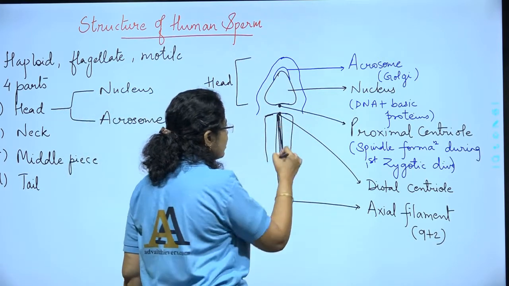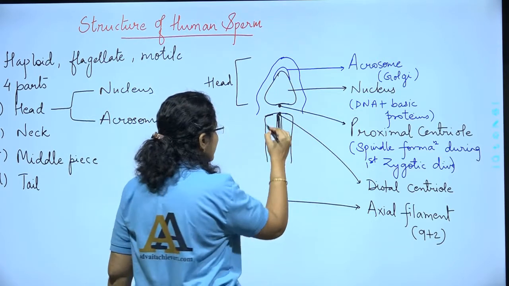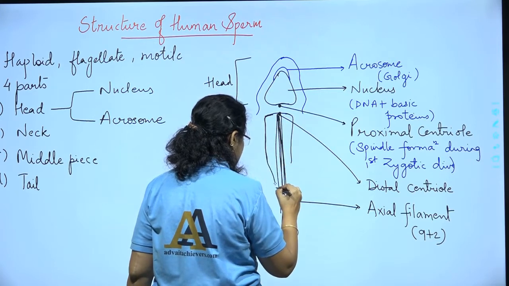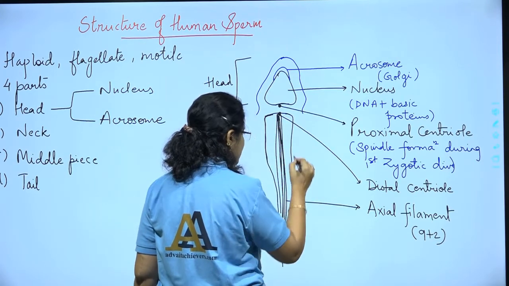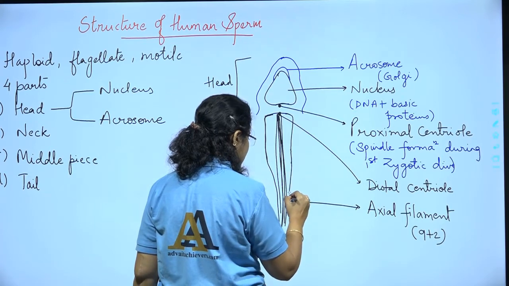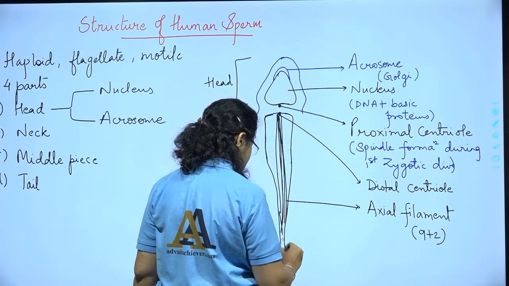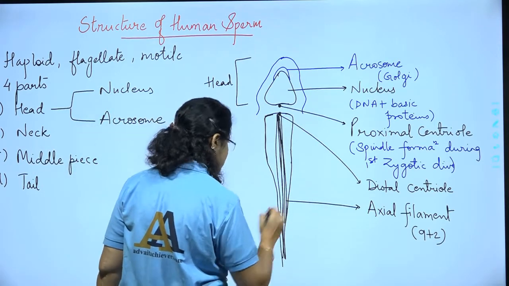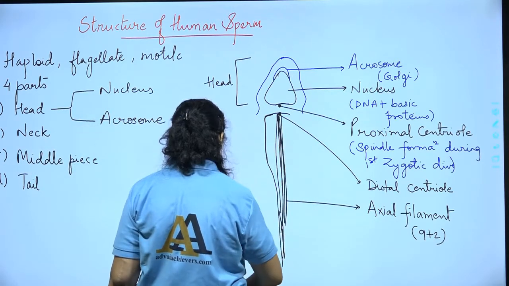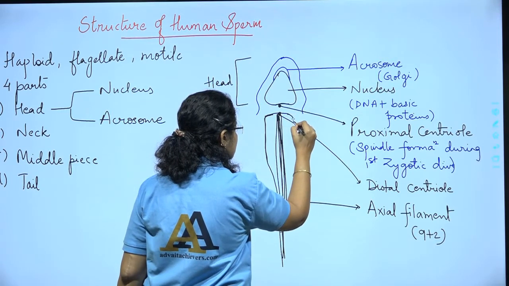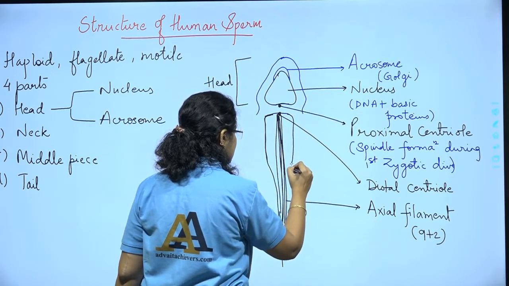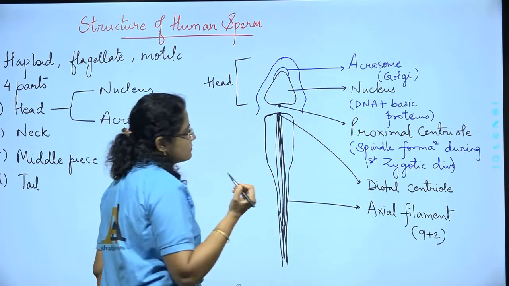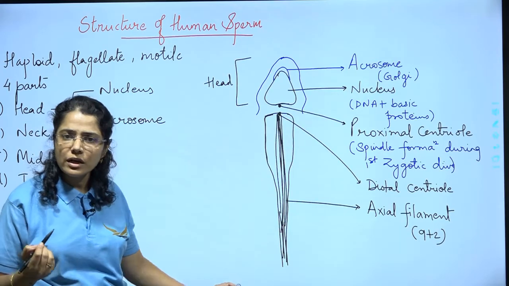Now if I want to complete this, as we said, it will again narrow down from here to form this narrow structure, and that is going to form the tail.